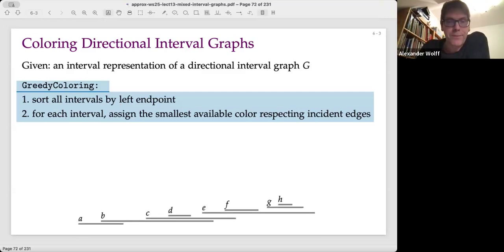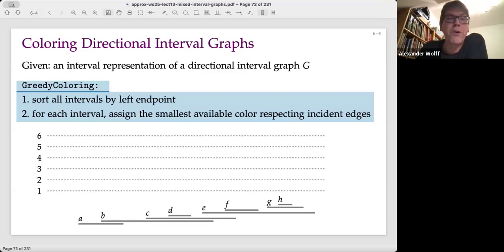So again, let me show you an example. This set of 7, 8 intervals that are already sorted by left endpoint. And now I want to color them, and the coloring means I will express it by the layers that I'm using here. So the first interval, of course, goes to layer 1 or color 1.